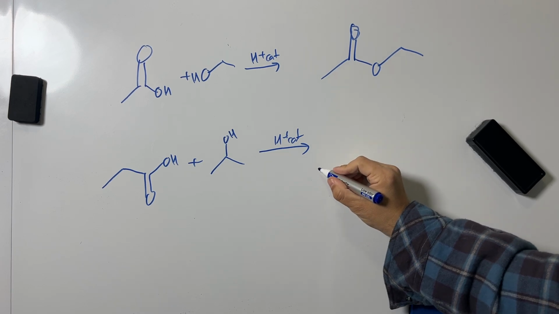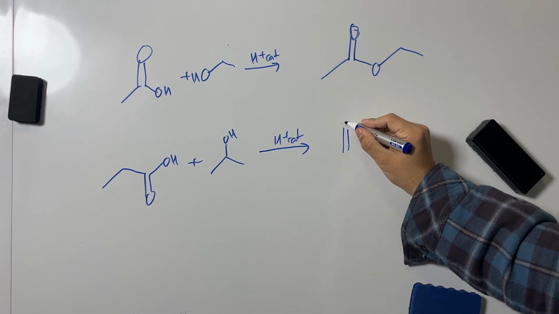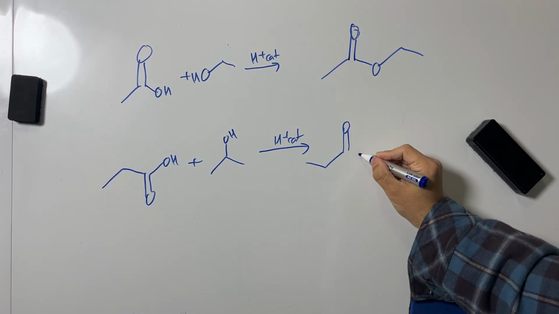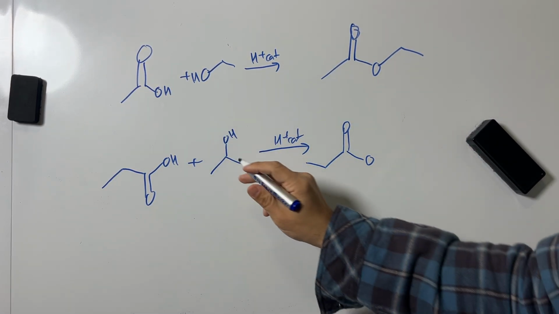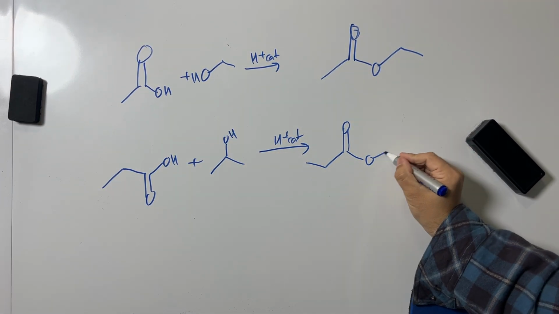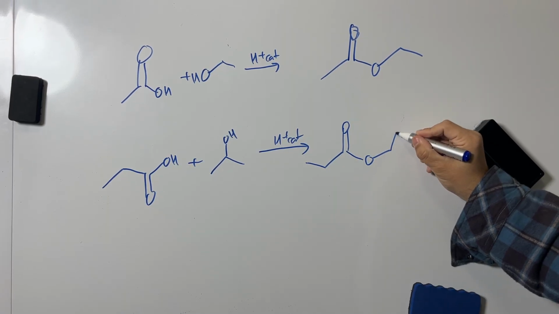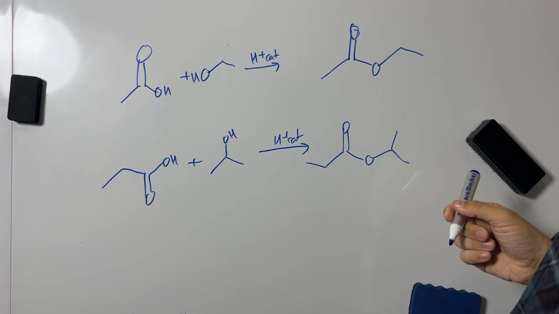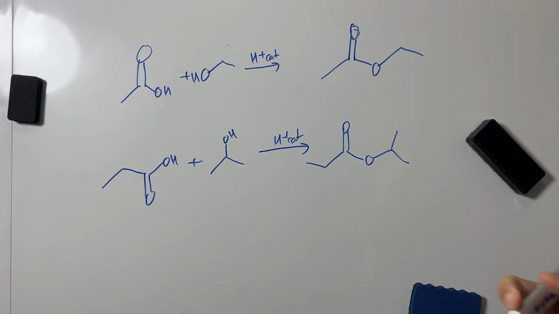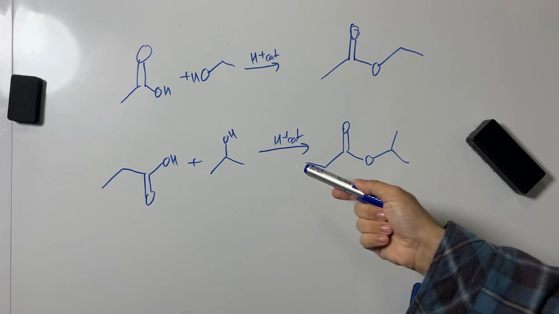I'm going to flip it though for this case. Draw your oxygen, leave off the proton. And what do we have here? We have 2-propanol, and I guess this is isopropyl. So we would have isopropyl propionate.